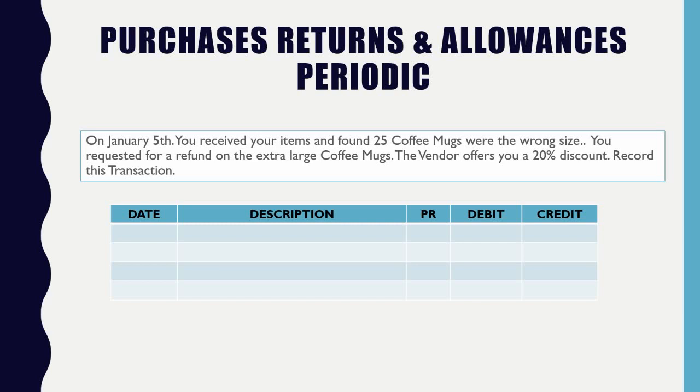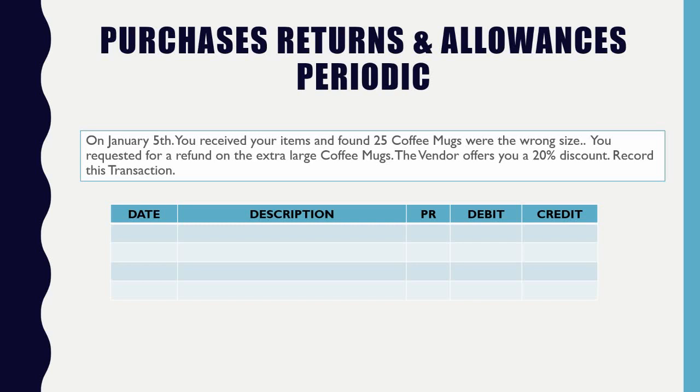In this case, the vendor convinced you that there's nothing wrong with the extra large coffee mugs, because you could still sell them to the public. We're sorry that we sent you the wrong item. It's not what you were looking for. However, you could still sell them, right? There's nothing wrong with the inventory.